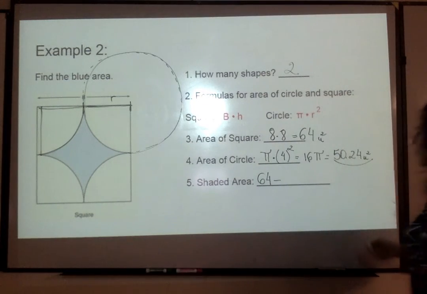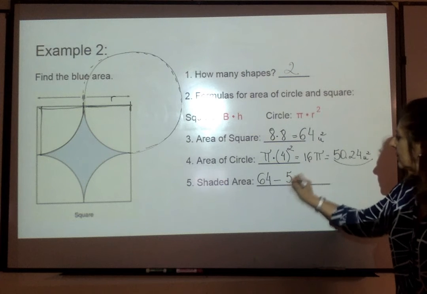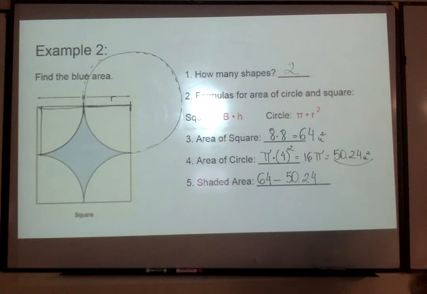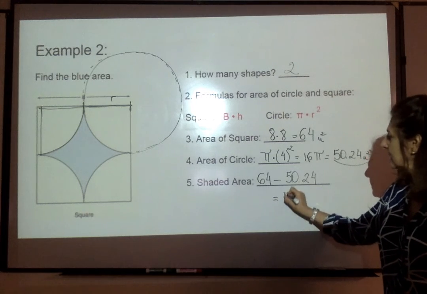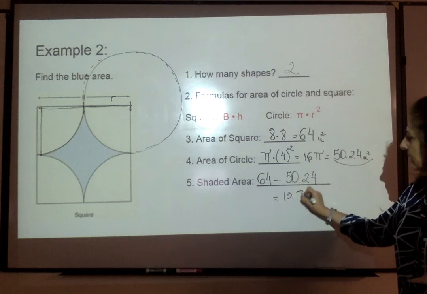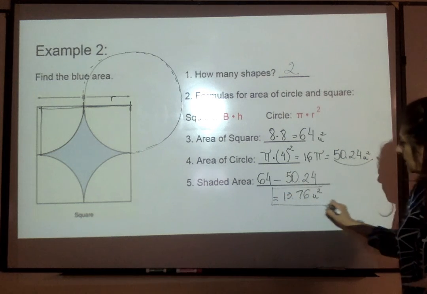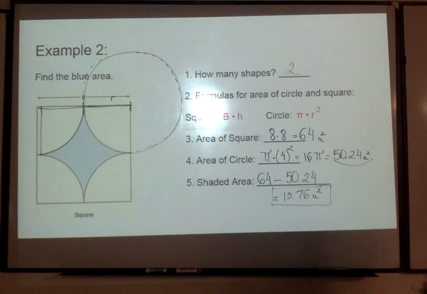So 64 take away 50.24 is the same as 13.76 units square. If I didn't write that wrong.